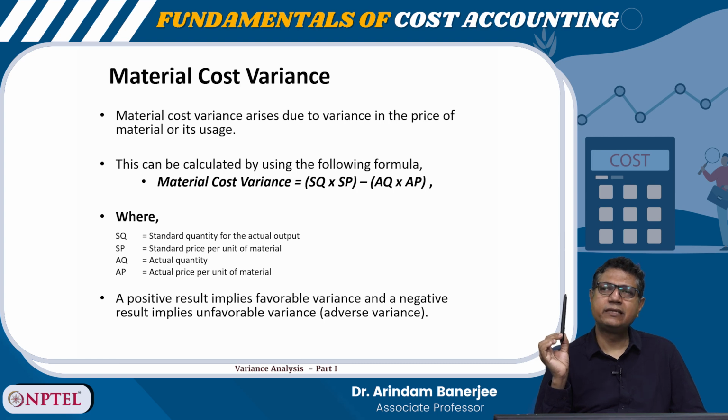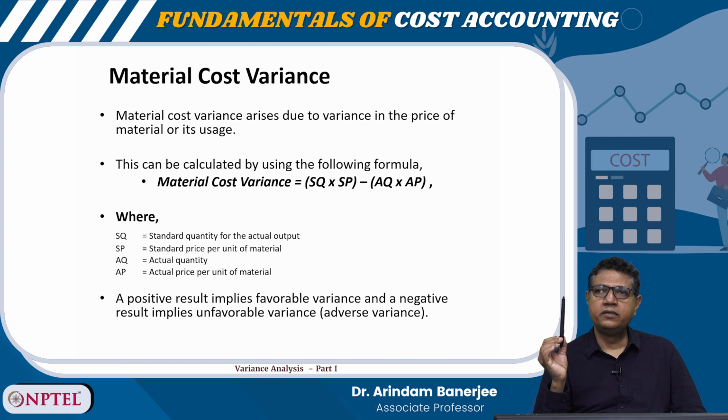This price can increase because of several reasons: a demand supply gap, political reasons, economic reasons, etc., but somehow it became higher, it becomes 60 rupees. So, my actual price is different from the standard price. My standard price was 50 rupees per 100 gram, the actual price is 60 rupees per 100 gram, fine.